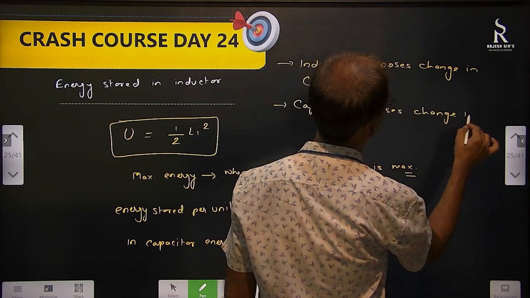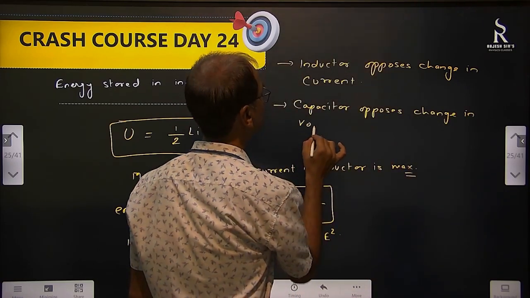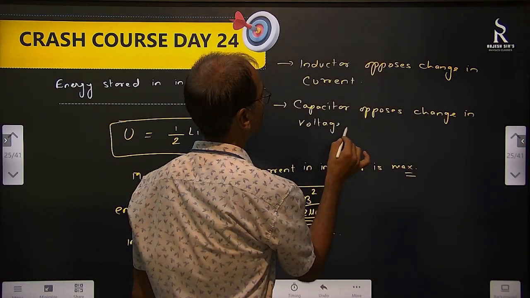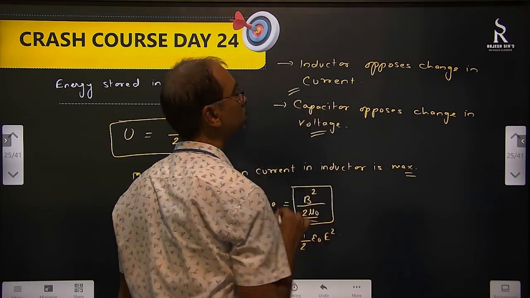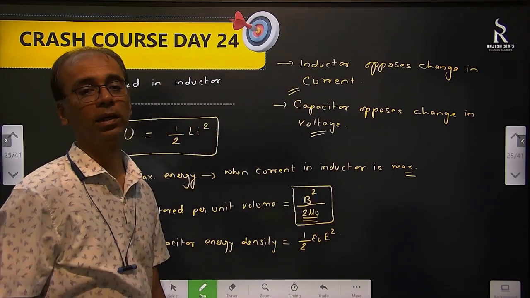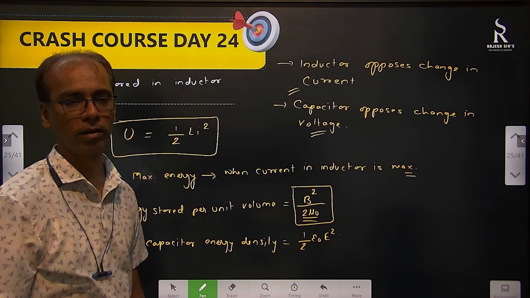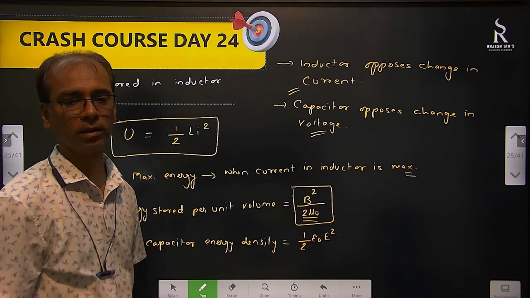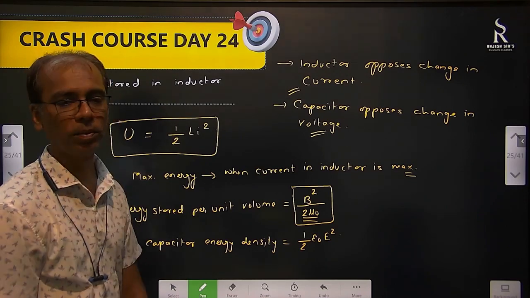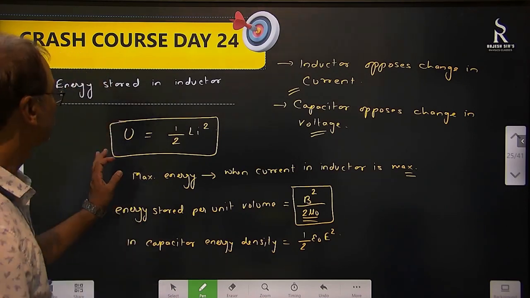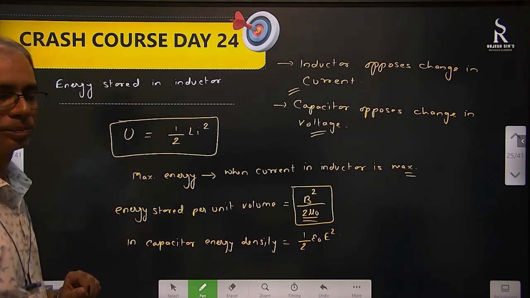That's why both are connected together in any circuit. Both are safety devices, which you'll understand in AC. One is called low pass filter, the other is called high pass filter. So both are necessary in the circuit to safeguard all the appliances. Okay, so this is half Li square.